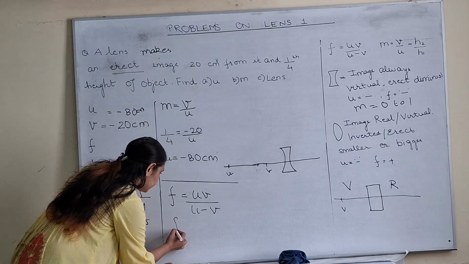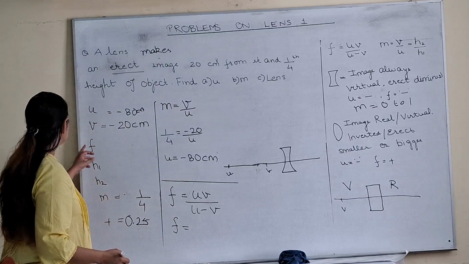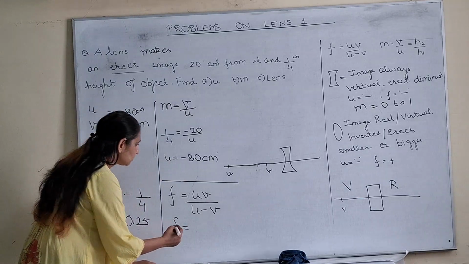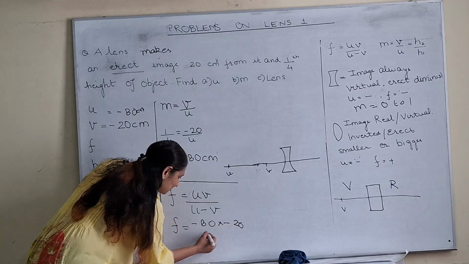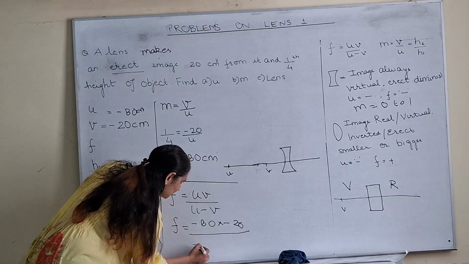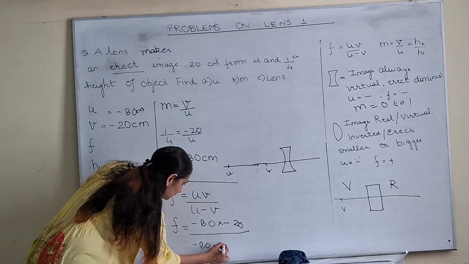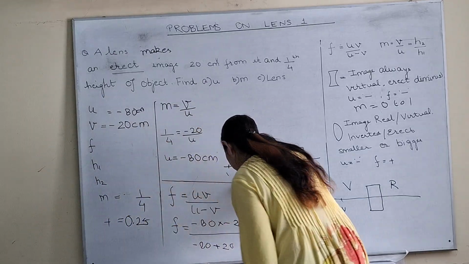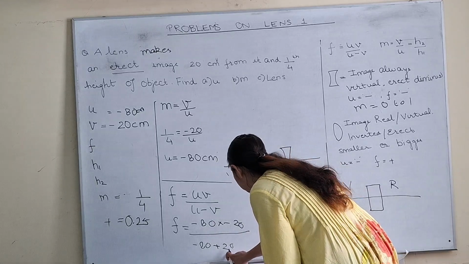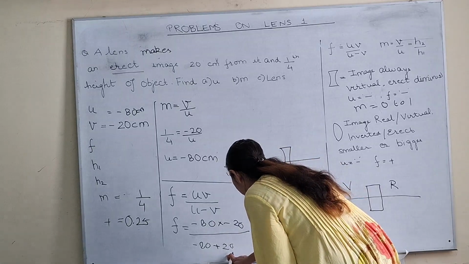So focus is what we have to find. U is minus 80 and V is minus 20. Now if I solve it ahead, it becomes minus 60 here, over 80.